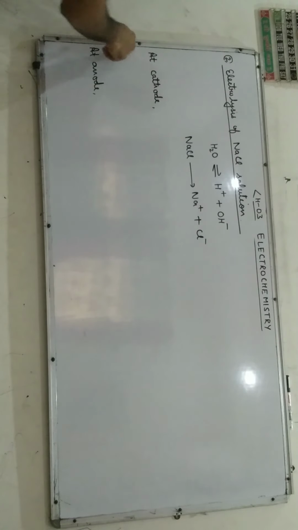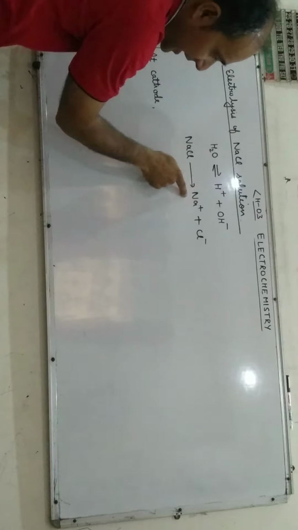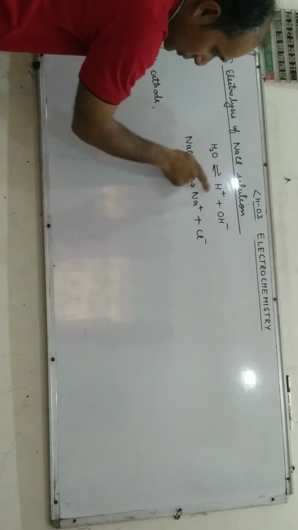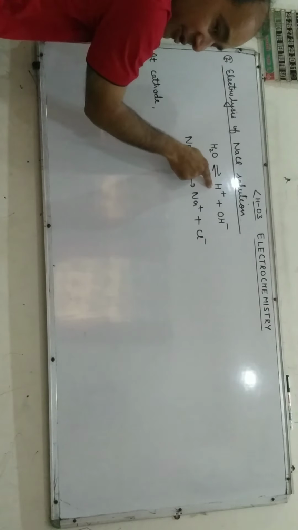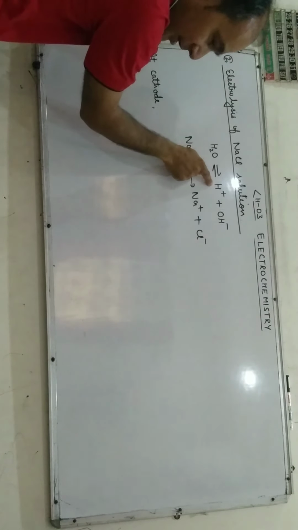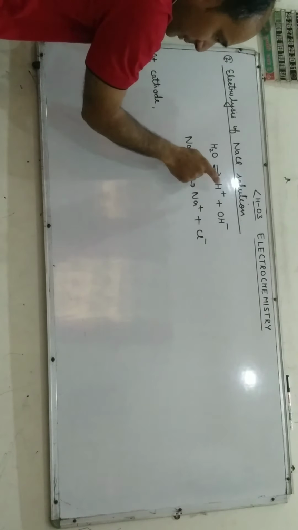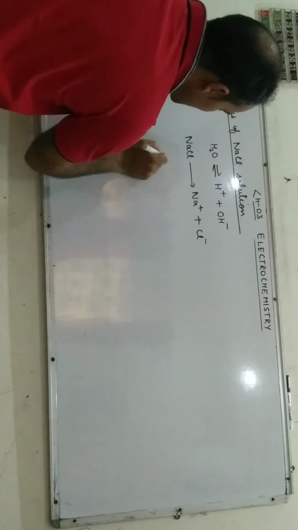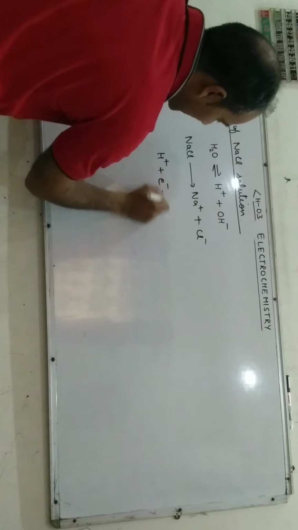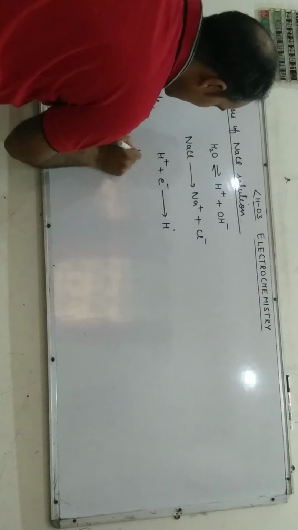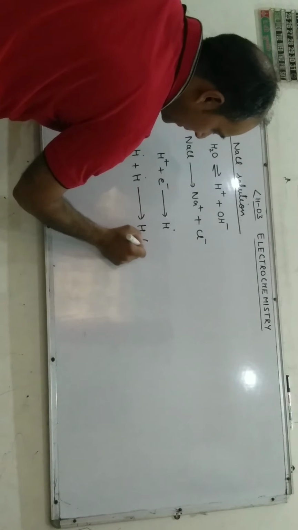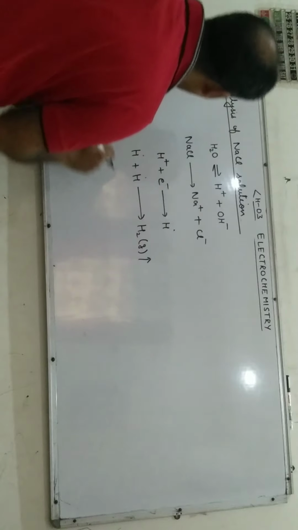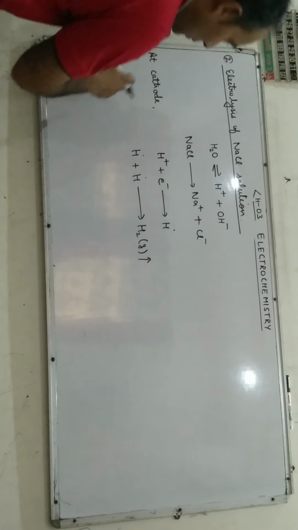Here at the cathode H positive and Na positive ions both move towards the cathode. Since the discharge potential of hydrogen is lower, it is preferred. Thus H positive on gaining one electron gives H dot, and H dot plus H dot combine to form H2 gas, that is hydrogen is liberated at the cathode.